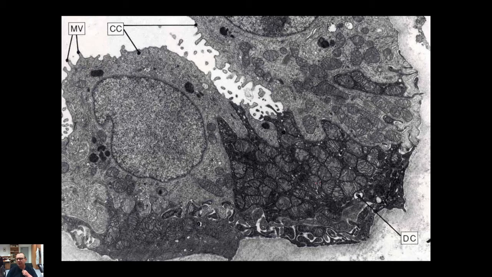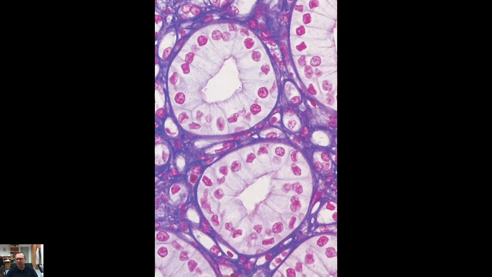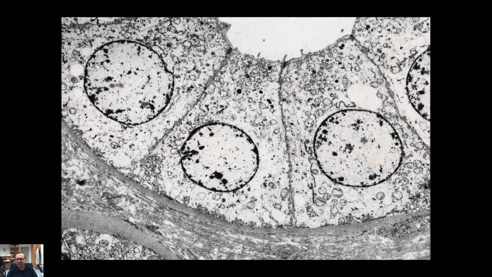Probably they are important mostly in ion transport, in the exchange of hydrogen and bicarbonate ions, and so the definitive pH of urine is dependent on the function of dark or dense cells of collecting tubules and ducts. And here are very high epithelial cells of the biggest papillary ducts. And the same in the electron microscope.